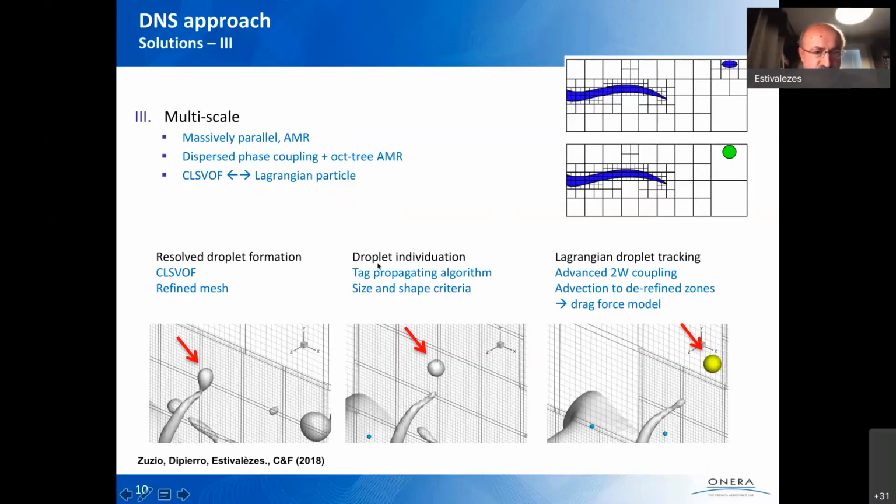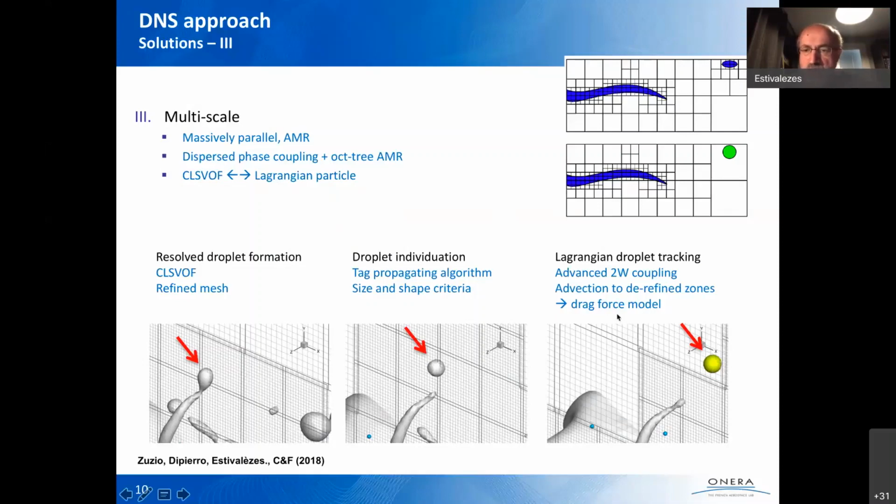In fact, here you have an example of the algorithm we have developed. Here you can see a ligament in the refined zone, which is forming a droplet. This droplet is broken from the ligament. We detect this droplet and then transform it into a kind of spherical particle, which is identified.